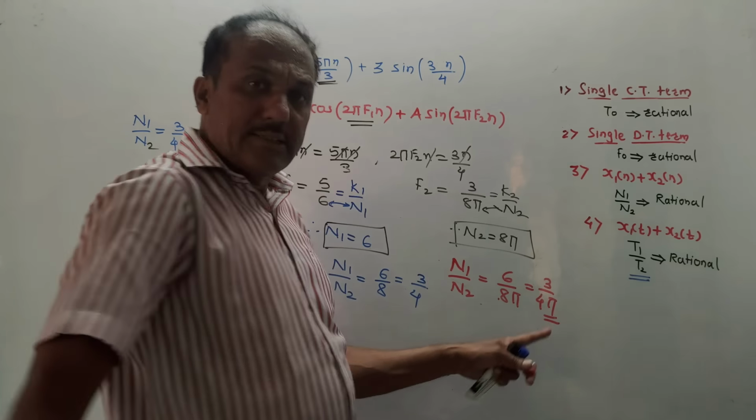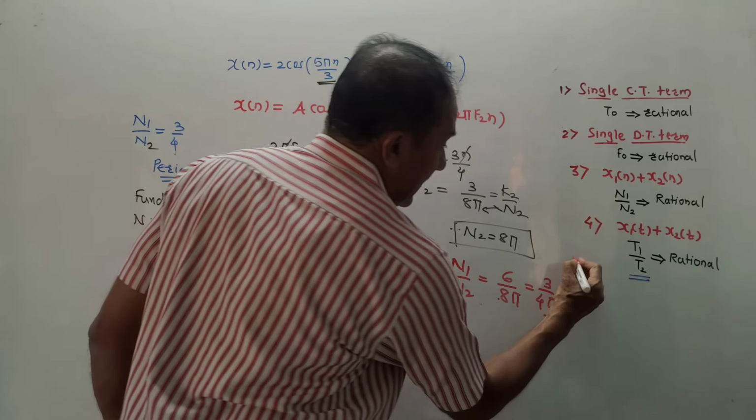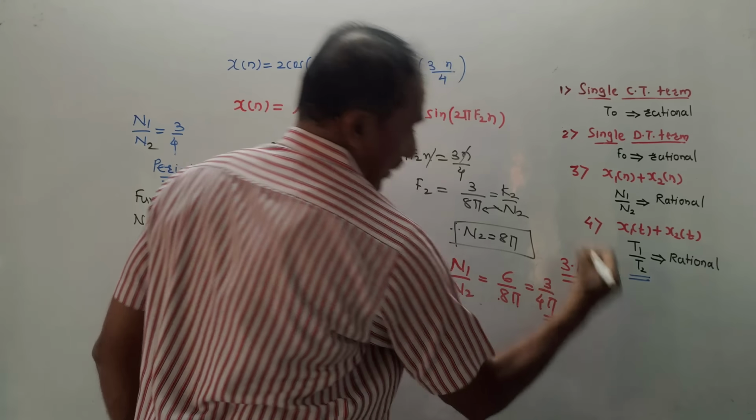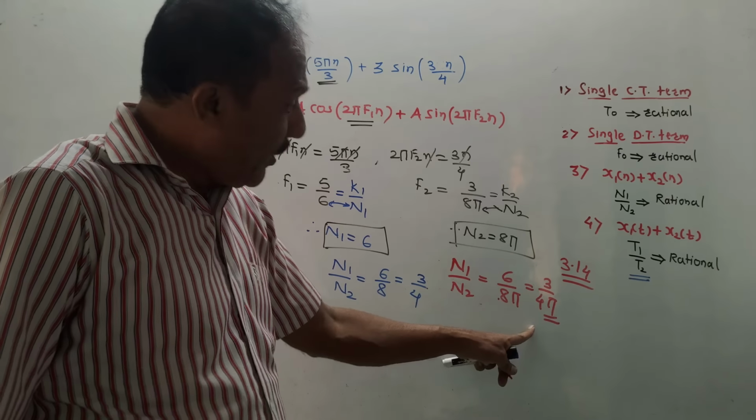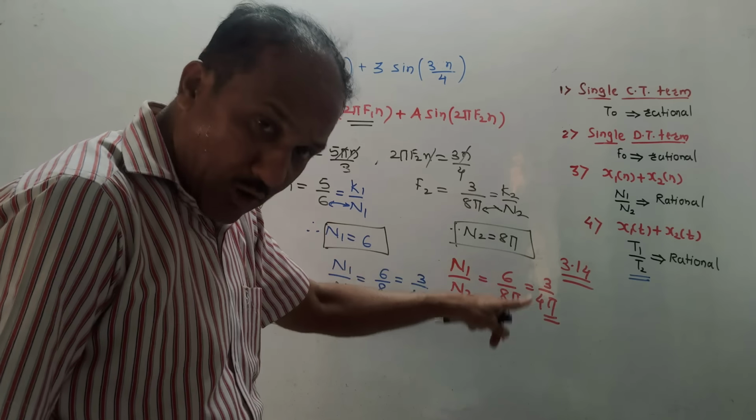Do remember, this term contains pi. Pi is not 180 degree, it is rather 3.14. So it contains a decimal point. So this ratio is non-rational, ratio of non-integer terms.